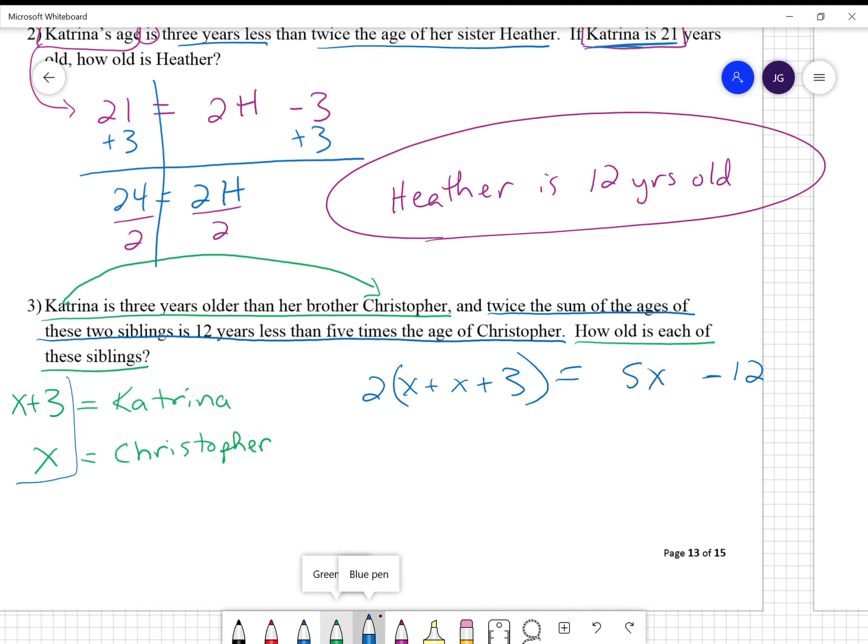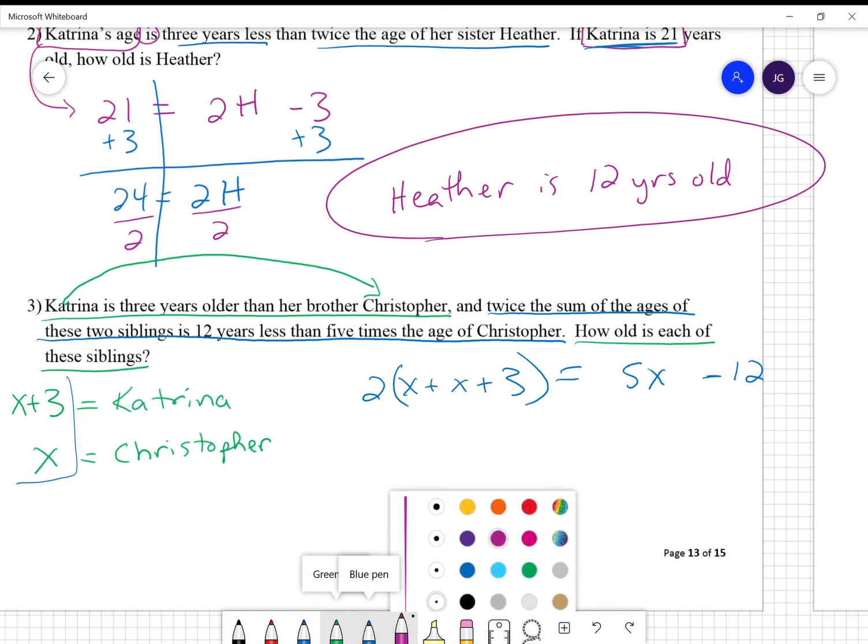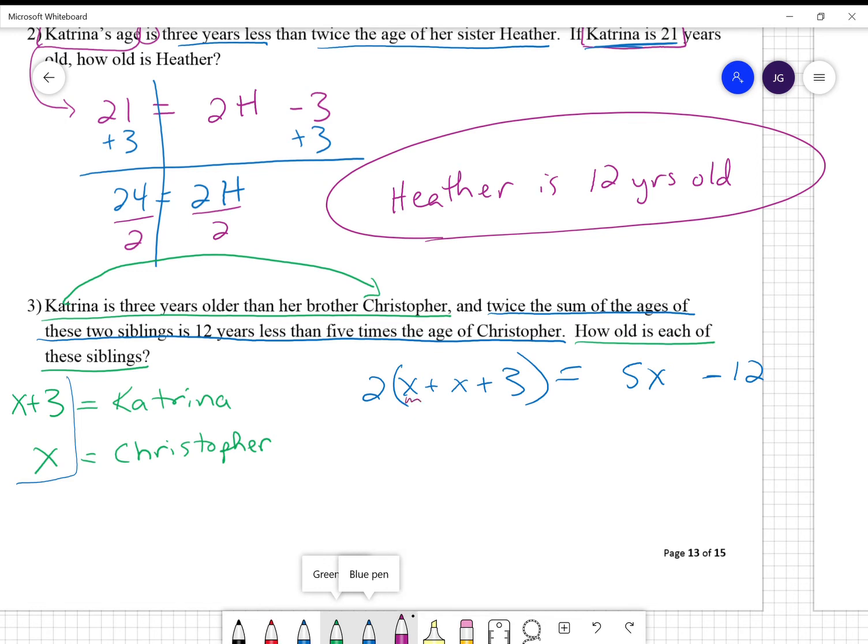Okay, to solve that, I am going to first combine like terms in my parentheses. X plus X is 2X. I'm going to distribute. Some of you might have distributed first and then combined. It doesn't matter. You still get 4X plus 6.